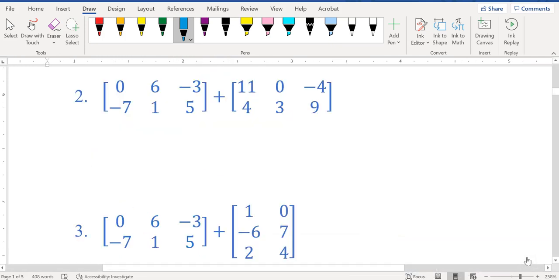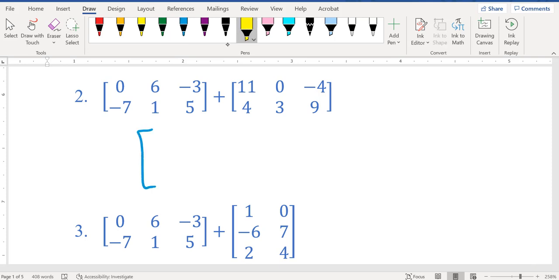Example number 2. These are both 2 by 3 matrices, so you can do the matrix addition. Your answer will be a 2 by 3 matrix with elements 0 plus 11, 6 plus 0, -3 plus -4.